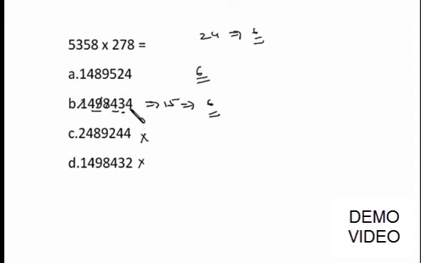Now the second method, which I told you, is that this number is a multiple of 2, this number is also a multiple of 2. So the product must be a multiple of 4 definitely. So 34 is not a multiple of 4. So you can eliminate it, though the digital root is 6. The digital root 6 is not for only this number. There are thousands and thousands of numbers giving the digital root as 6. But every number cannot be the product of these two numbers, right?